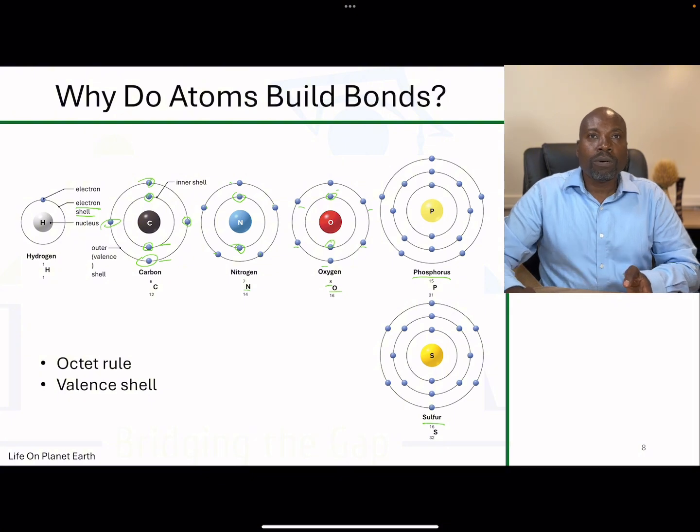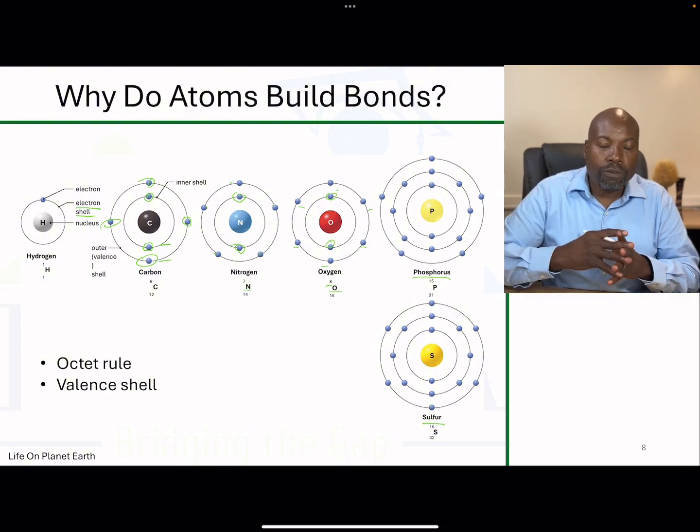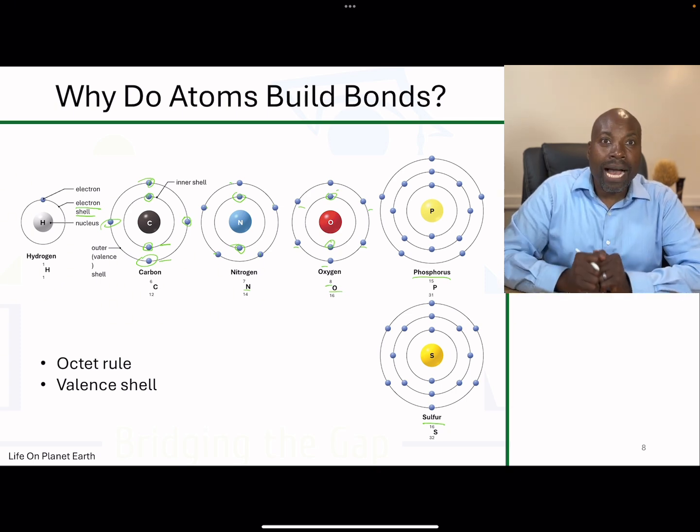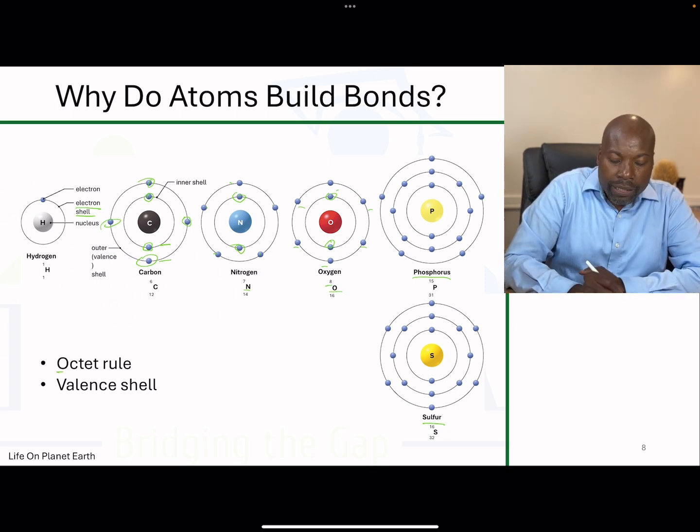When it comes to how atoms come together to form complex structure, we are going to go by what we call the octet rule.